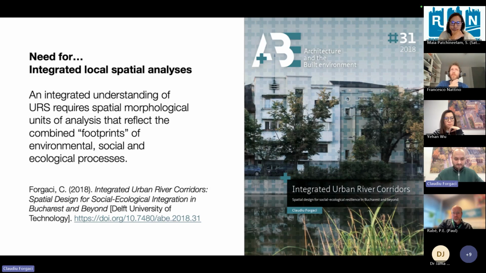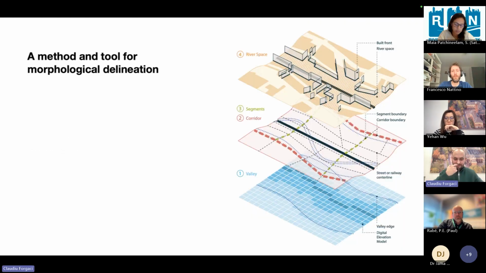What is very important in this approach is that the river is central. It's never a boundary. So this led to the development of a method and tool of morphological delineation, which we consider to be close to neutral, if not neutral.